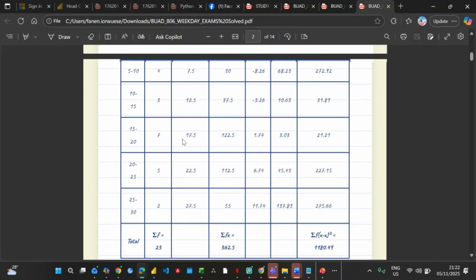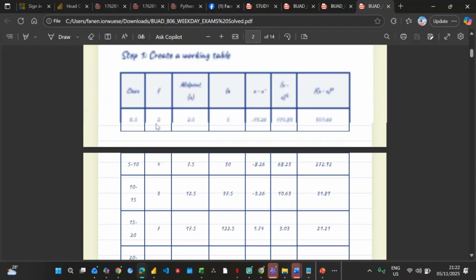Right? Okay, so you said you don't understand how you get your mid x. Yes. Okay, so for you to get that, you have 0 to 5, and this is 2. So this is 0 plus 5 divided by 2, it gives you 2.5. Use your calculator.